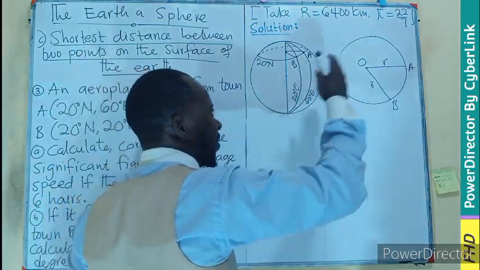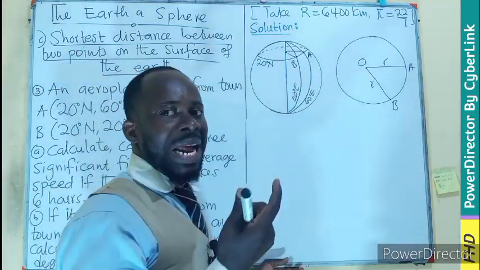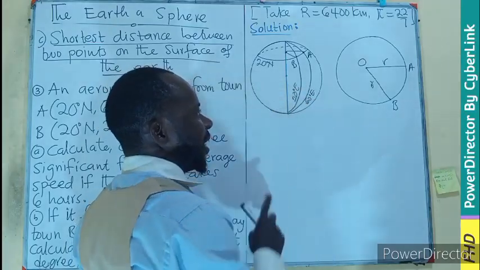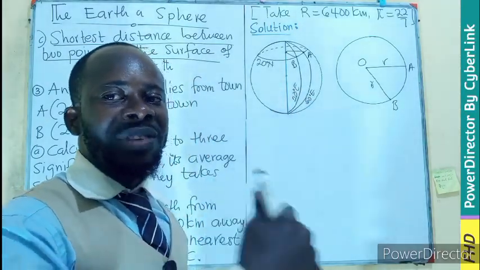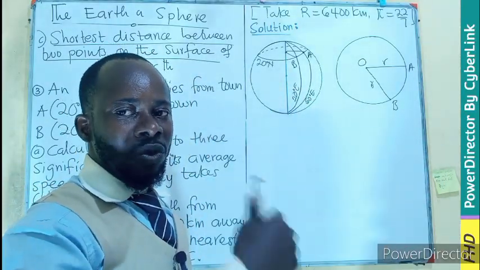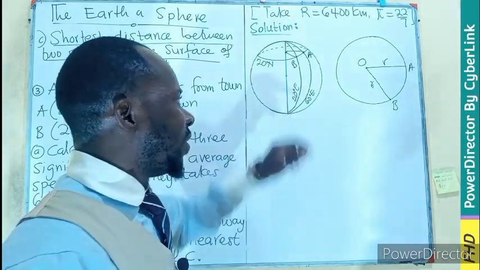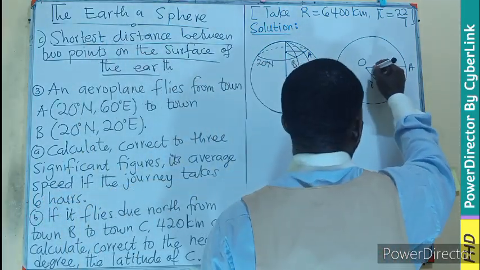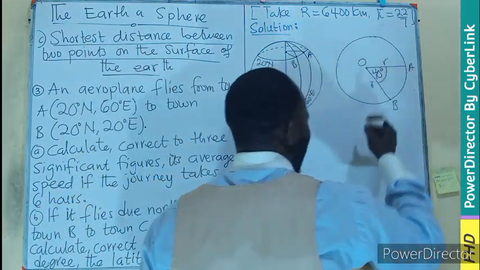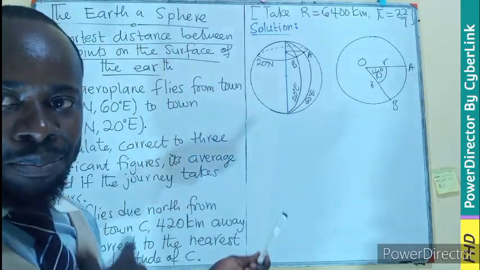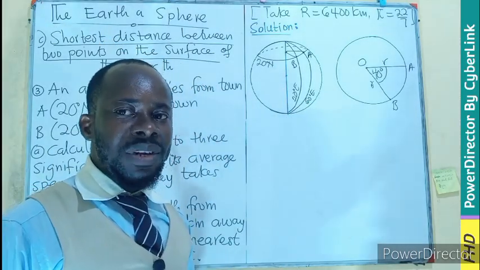If they are all on the same side, bearing the same letter, east and east, then we perform subtraction between them. So 60 degrees minus 20 degrees will give us 40 degrees. So the angle between the point A and B is going to be 40 degrees.